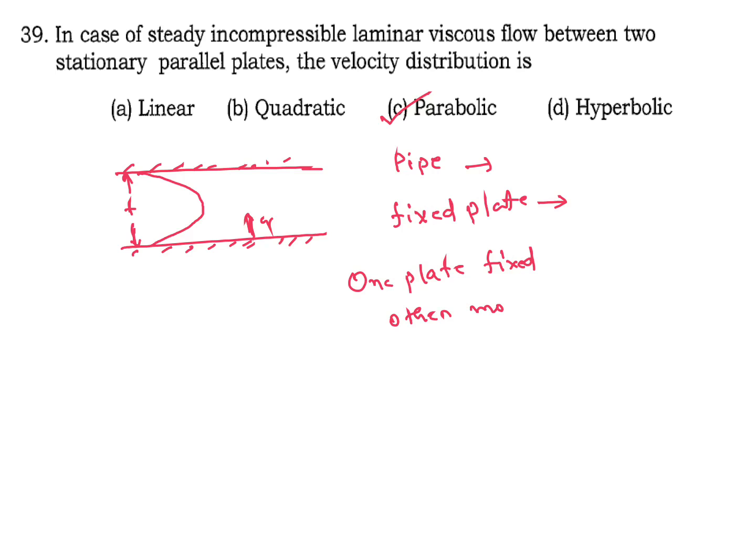This is Couette flow. In a pipe it's Hagen-Poiseuille flow, and in case two plates are fixed, it's Poiseuille flow. And if one plate is fixed and the other is moving, then it's Couette flow.